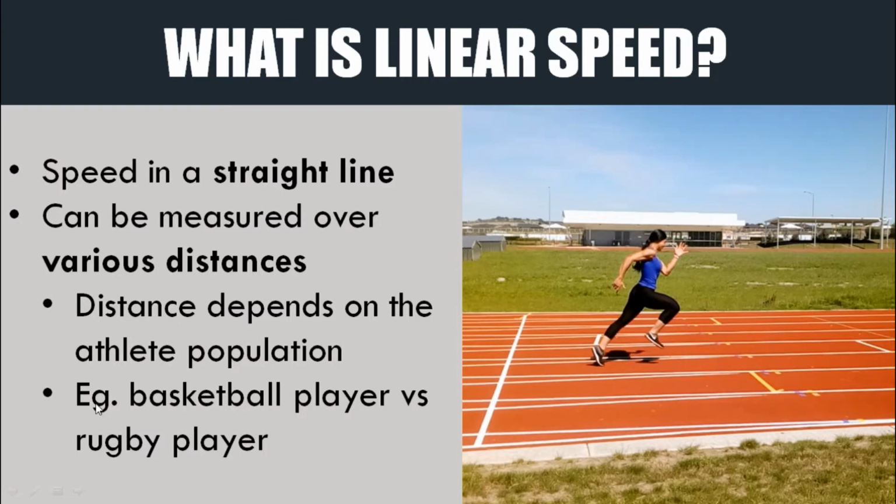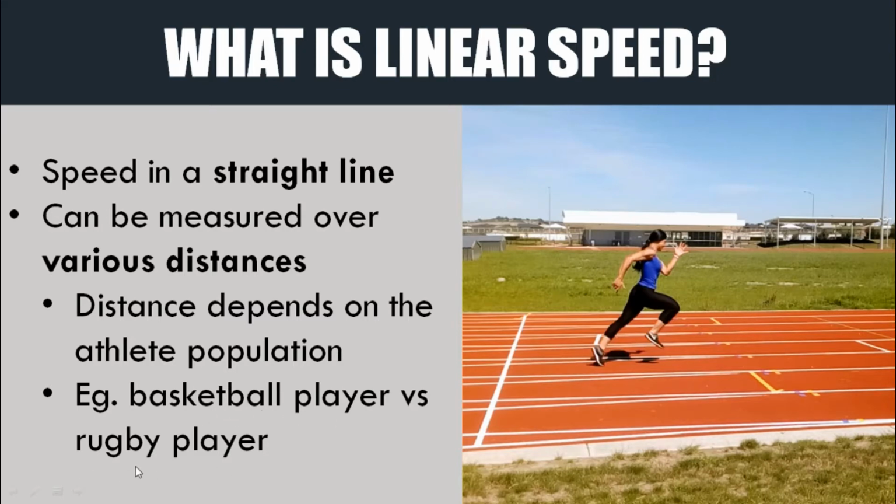So for example, if we have a basketball player versus a rugby player, a basketball player is never really going to run more than 30 meters in a game, since the court is less than 30 meters, which means that measuring distances greater than 30 meters is probably not going to be very applicable to a basketball player.